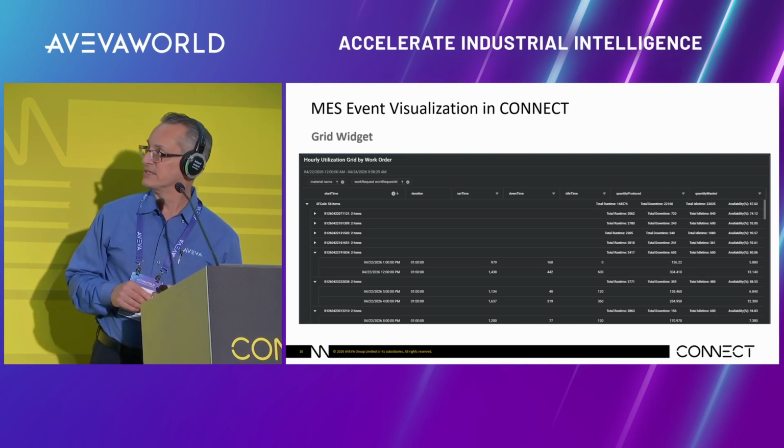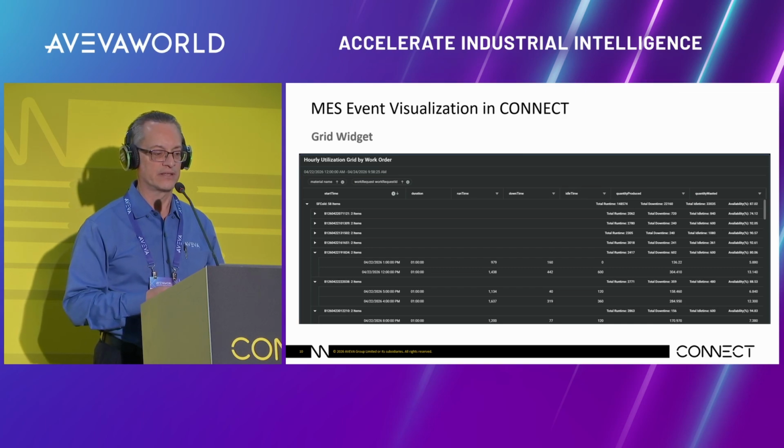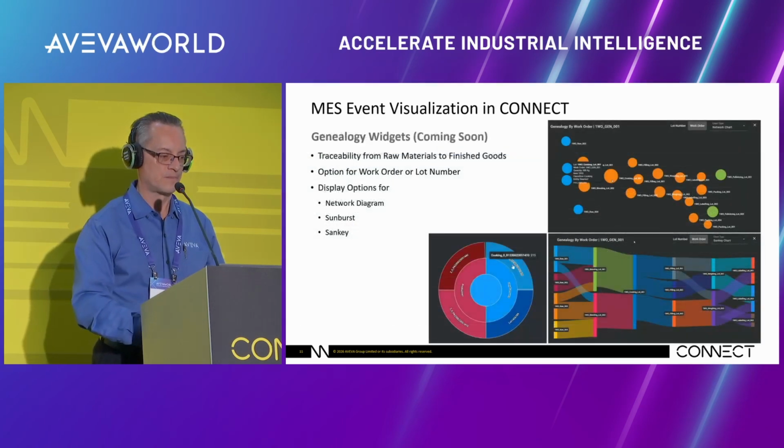I know it's probably a little difficult to see on these monitors, but that's some of the capabilities that we have there. Also within these grids, you select a row, or from the utilization timeline event, you can select a row and launch into the grid to see the raw data from some of our other widgets as well.